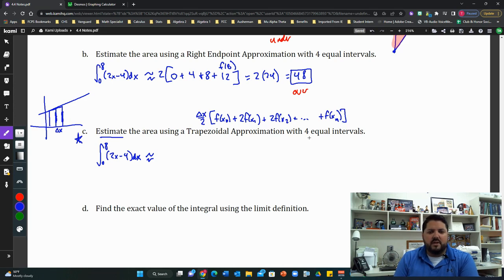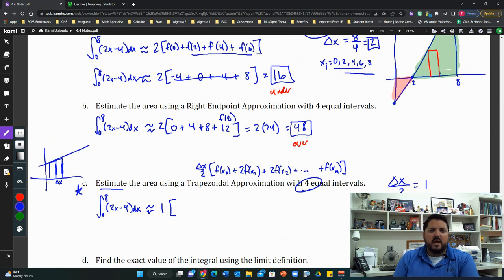So in this case, my delta x, again, 4 equal subintervals, so delta x had been 2 this whole time, but I'm going to cut that in half. So now it's 1 out in front. And then on the inside, so now instead of just using the first 4 or the last 4, we're going to use all of them. So my first, let me scroll back up here. F of 0 was -4. And then 2 times the next height was 0.